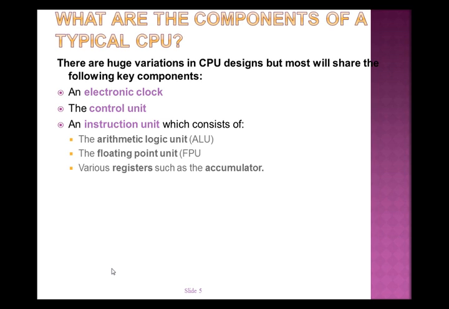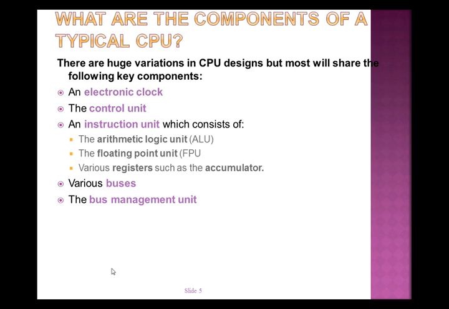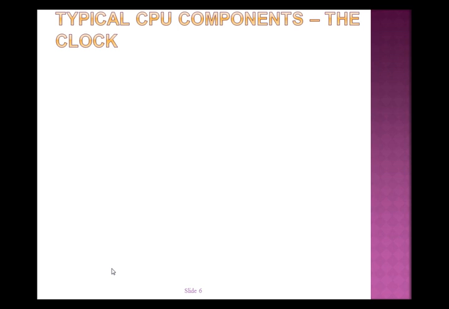These are common in every CPU, whatever the architecture. Various buses are also common in every CPU. The bus management unit is also available in every CPU, whether it has a different or the same architecture.